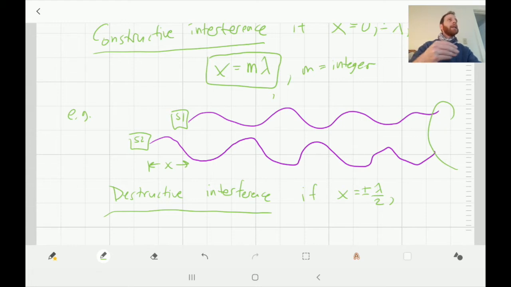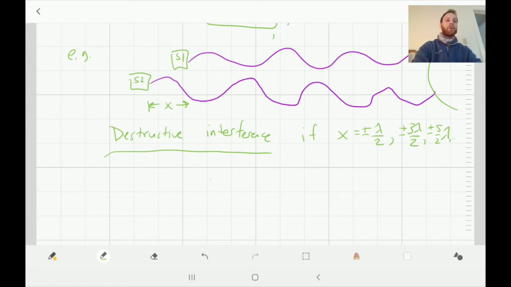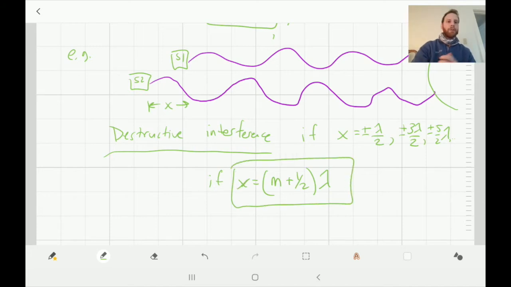But again, if you then extend that another half a wavelength, in other words, if this is bigger or smaller than 1.5 wavelengths, or 3/2 of a wavelength, or 5/2 of a wavelength, etc., then you get destructive interference. In other words, if x is equal to some integer m plus 1/2 times lambda, that is the situation for destructive interference.